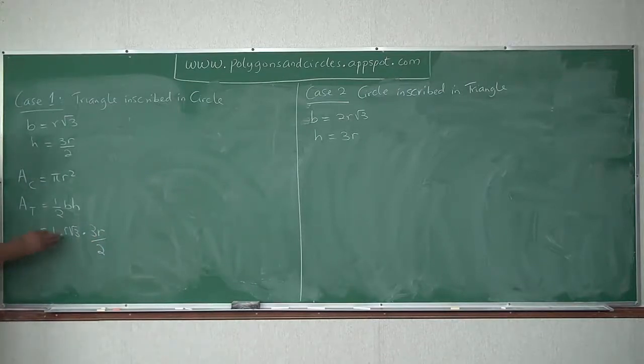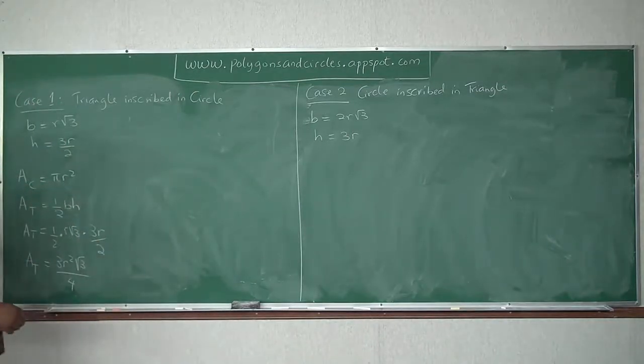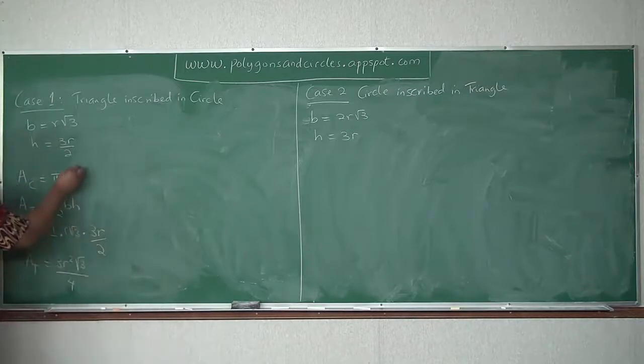So this will give us that the area of the triangle is 3R squared root 3 all over 4. That is for this. We found the area of the circle and then the area of the triangle. Let me circle this.